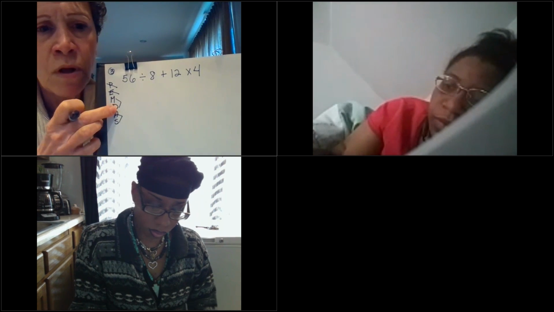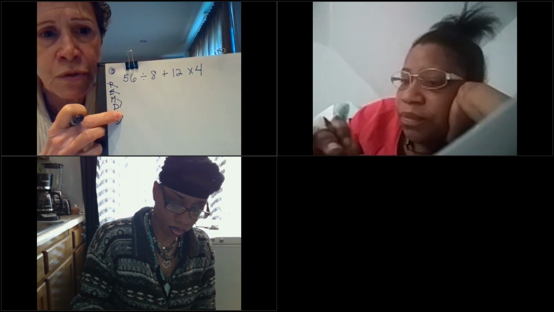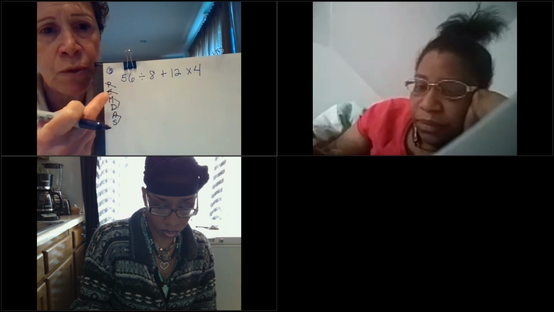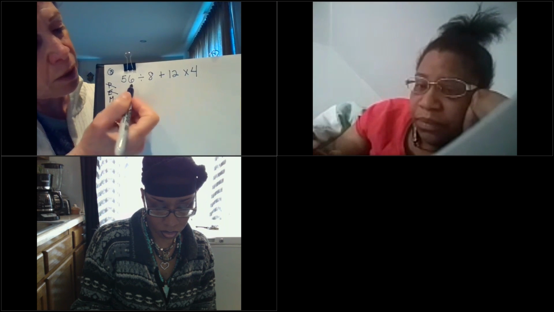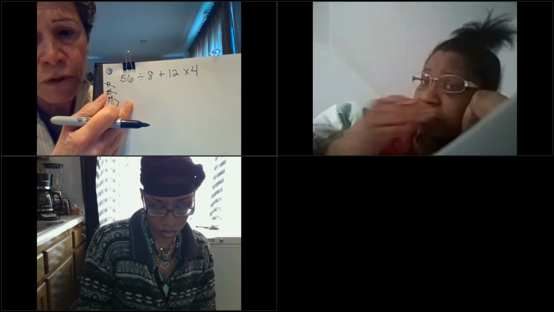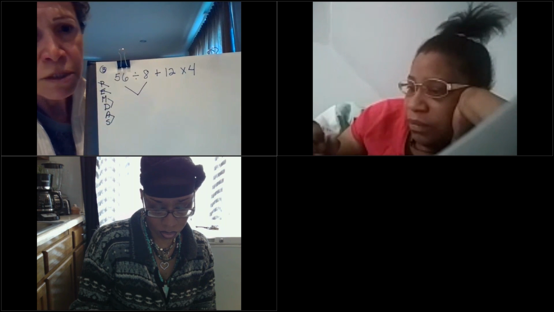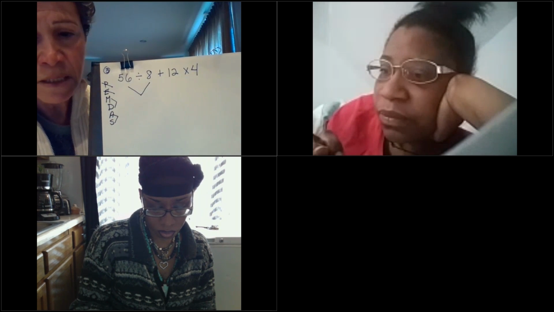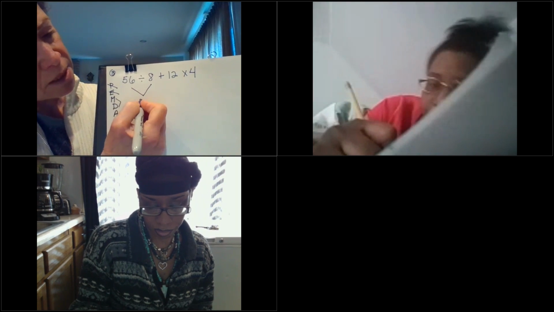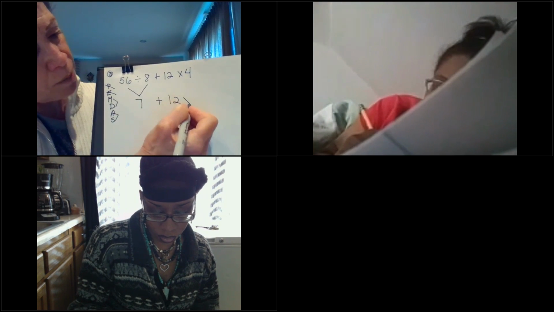And here I have that multiplication or division, which comes first. So in this case, going left to right, even though I do have multiplication down here, I do have division, I'm going to go with the division because that comes first, left to right. Okay? So 56 divided by 8, 7. I'm going to write the rest of my problem there.